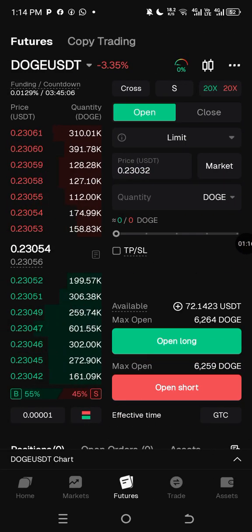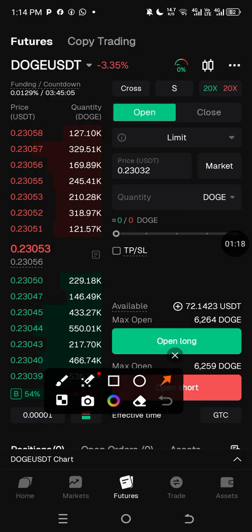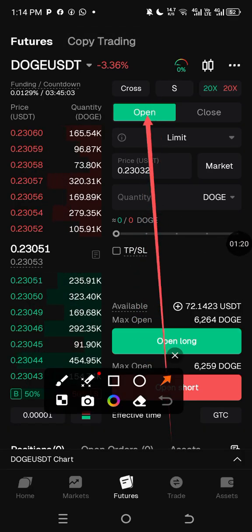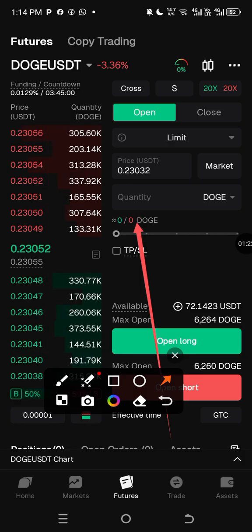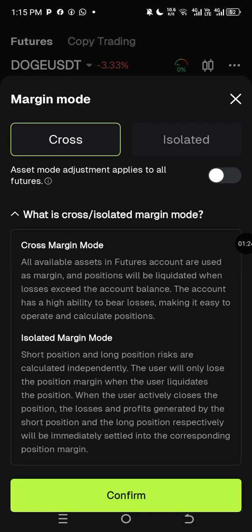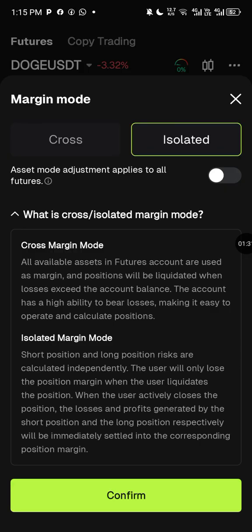So going back, right here where we have cross, if you tap on this, it will show you the margin mode, cross and isolated. Now, let's read it together. All available assets, this is for cross mode now.